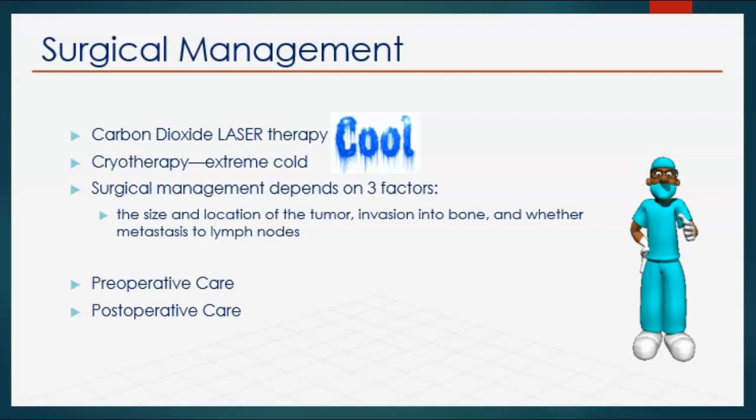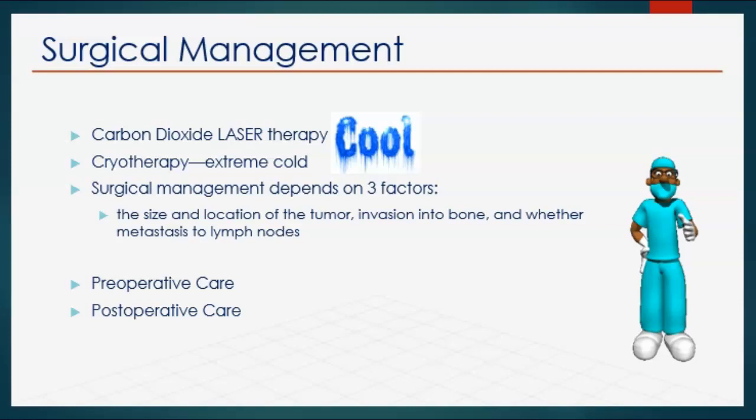Small invasive lesions can be removed under local anesthesia and then sutured. They can use carbon dioxide laser therapy, and carbon dioxide lasers are very precise and remove really thin layers of skin with minimal heat damage to the surrounding tissues.